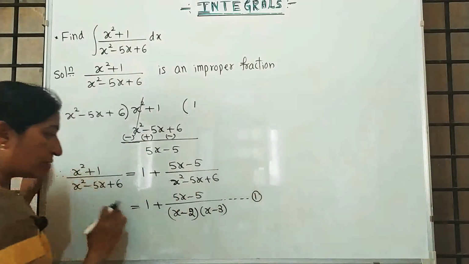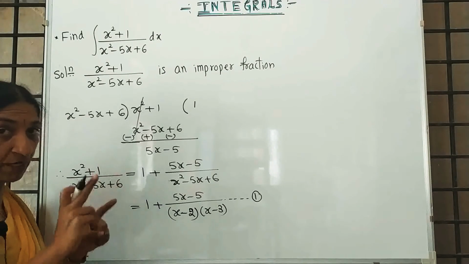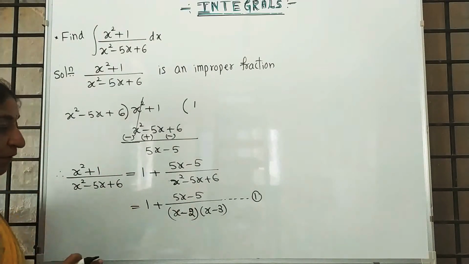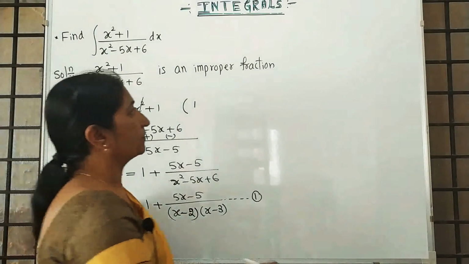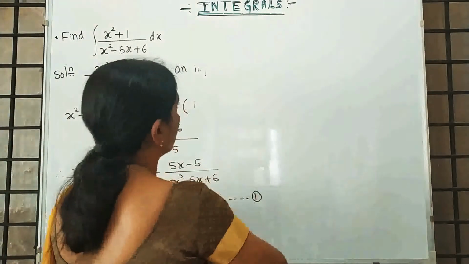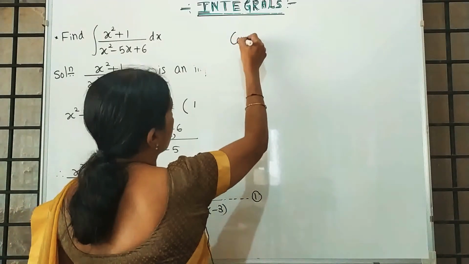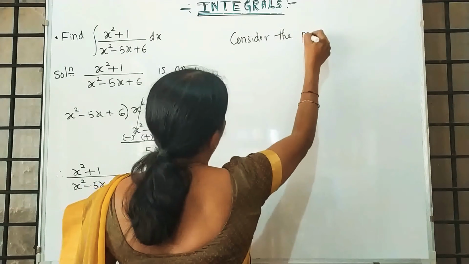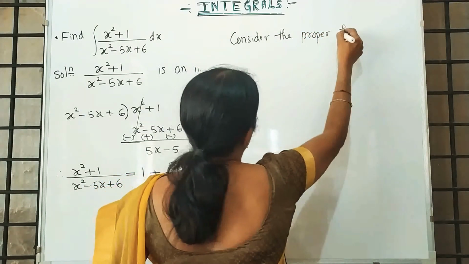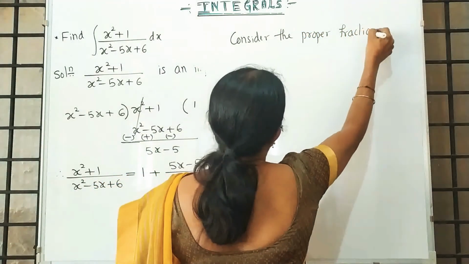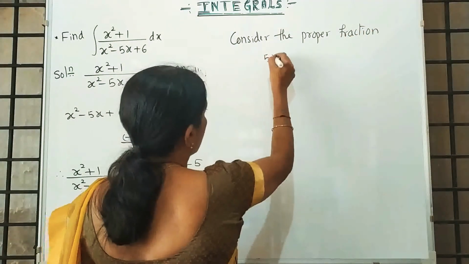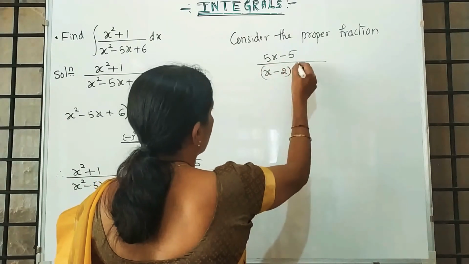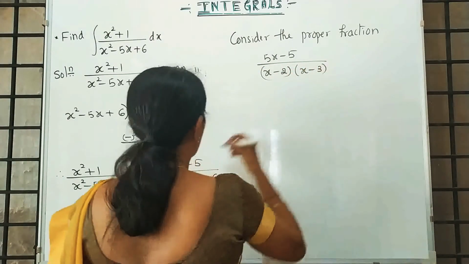In this equation 1, on the right side, please listen carefully. On the right side, select only the proper fraction. The proper fraction is this one. Consider the proper fraction, that is 5x minus 5 upon x minus 2 times x minus 3.